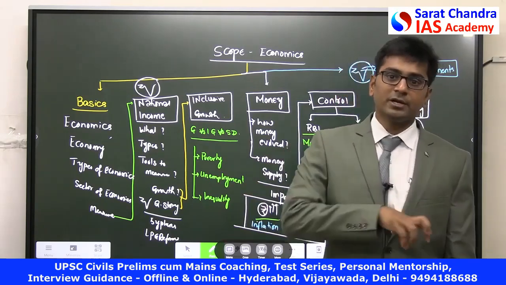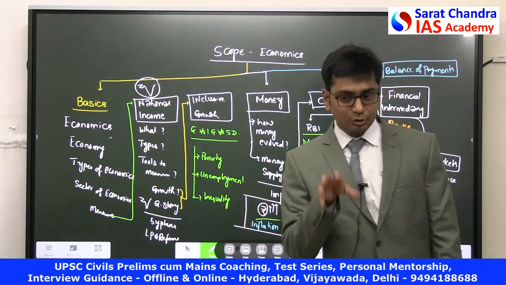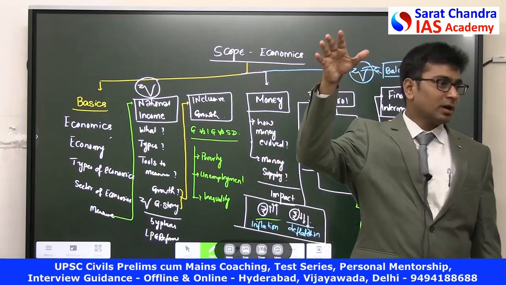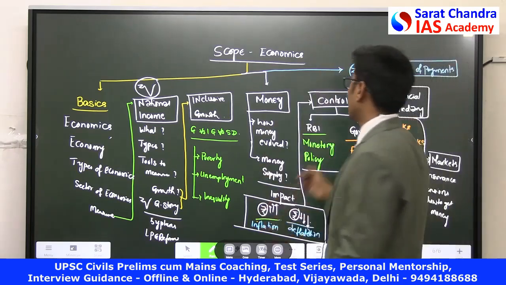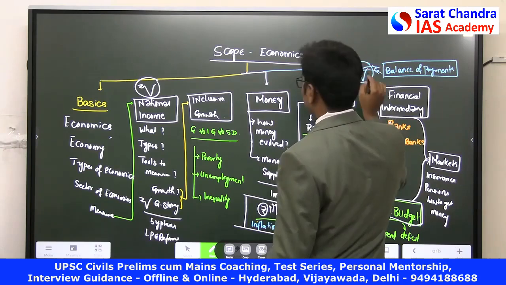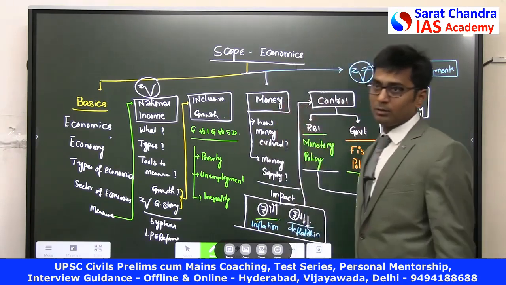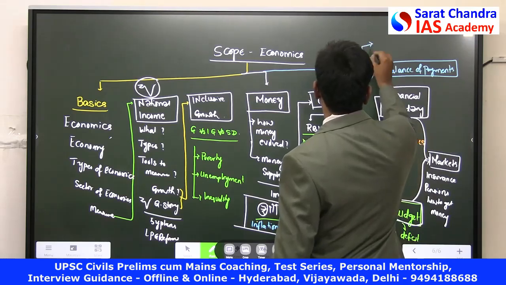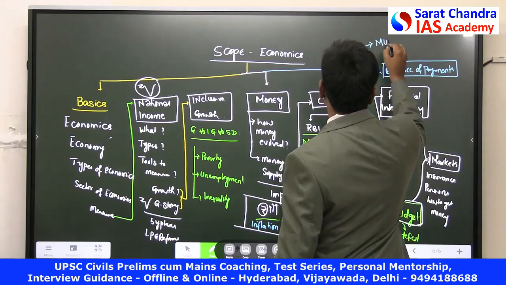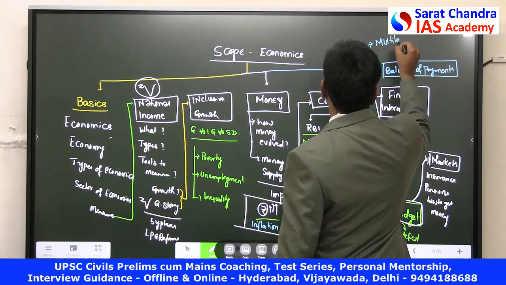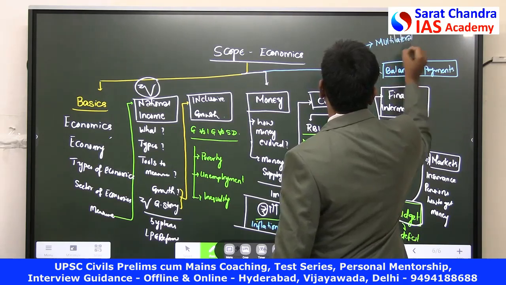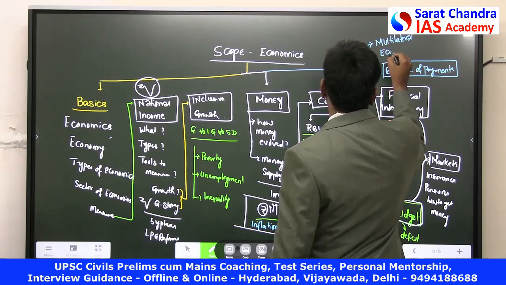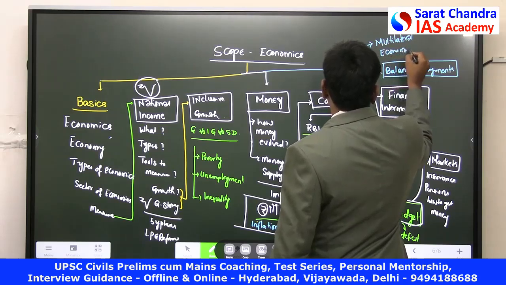Just like government is regulating inside your country, there should be someone at the top to control it at the global level. So who should be there to control the whole world? For that we will discuss the next topic, that is the multilateral economic institutions.